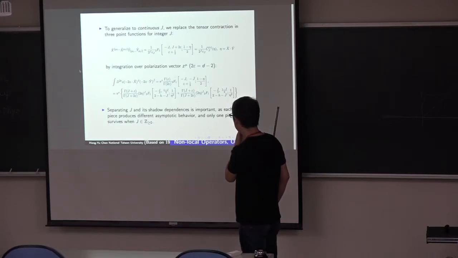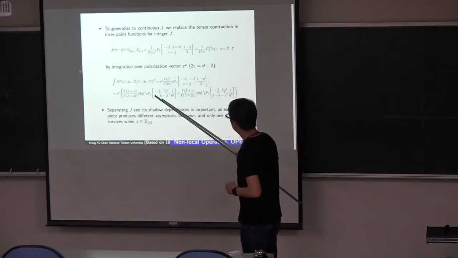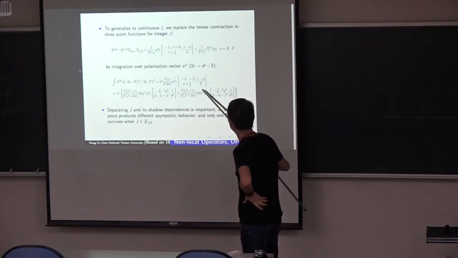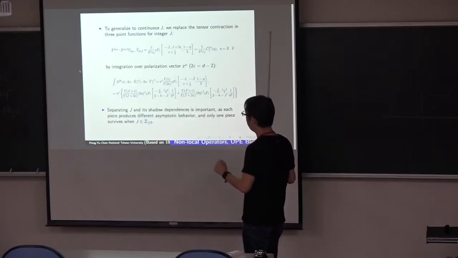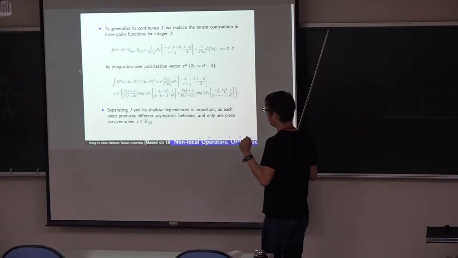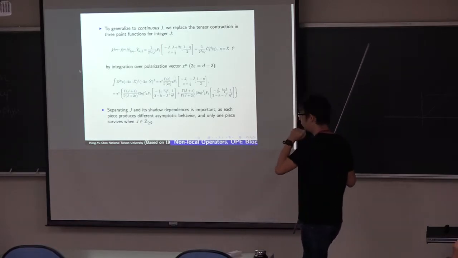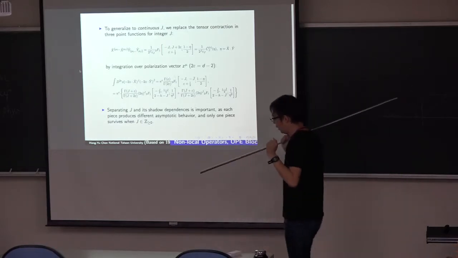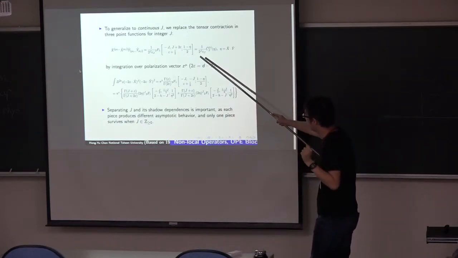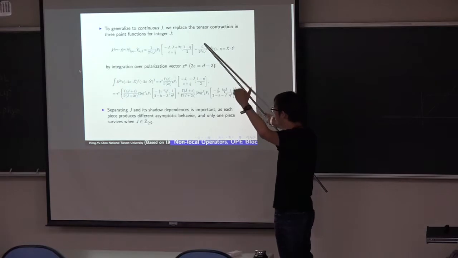And the important thing here is that we also have to separate the J and the shadow, the J bar dependence, because each of those pieces will later generate a very different asymptotic behavior. This is exactly the same analogy as when you follow what Dolan and Osborn did before.